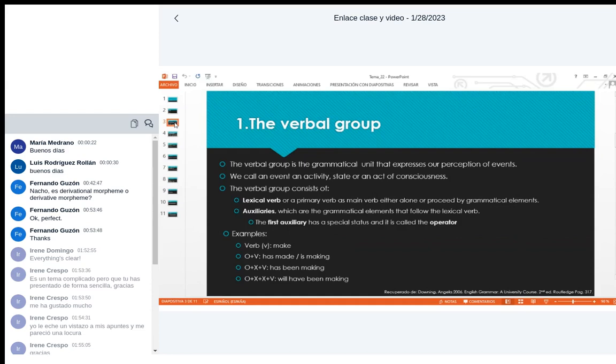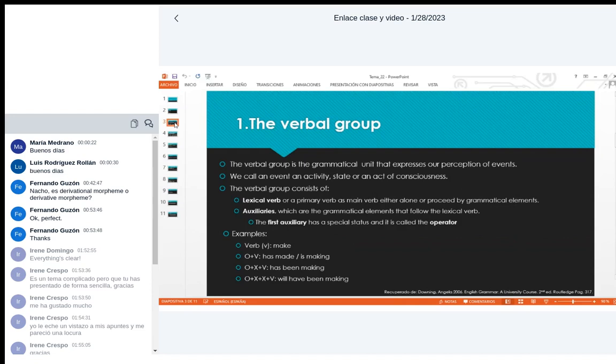The primary auxiliaries are these three verbs: the verb to be, the verb to do, and the verb to have. The verb to be allows the speaker to express progressiveness and also the passive voice. We use the present continuous, the past continuous, and the passives.